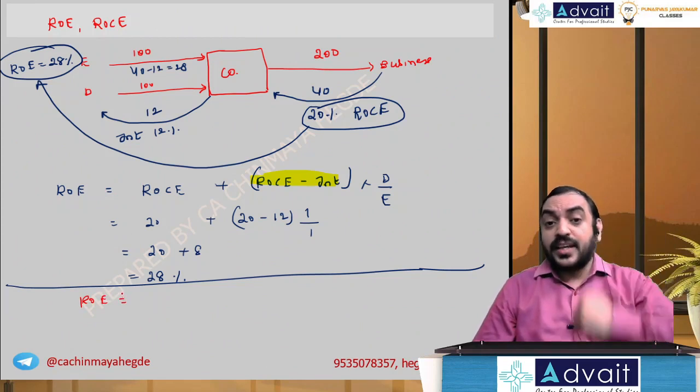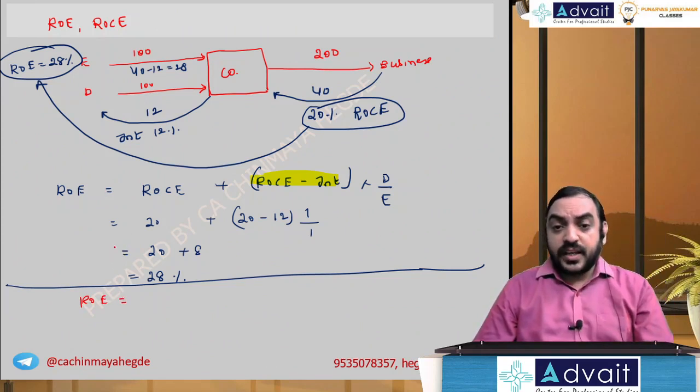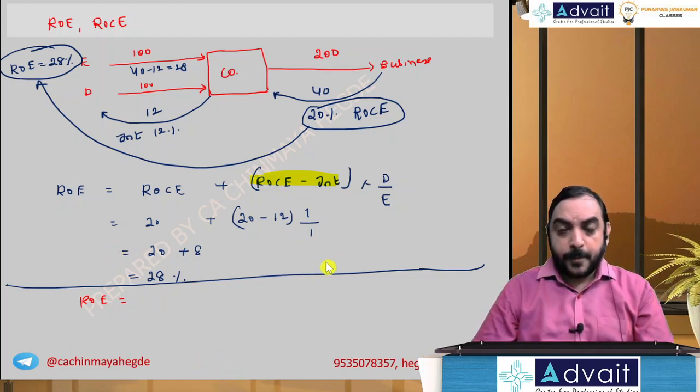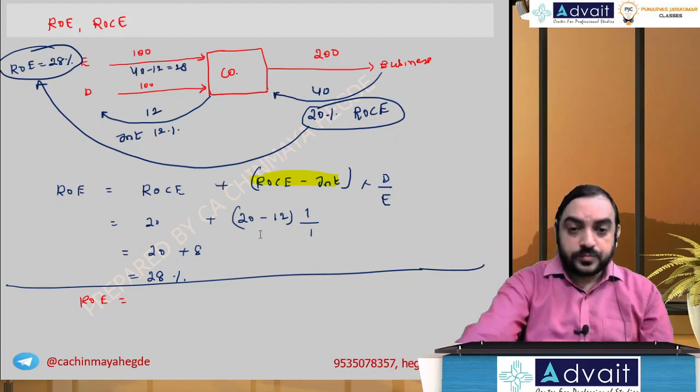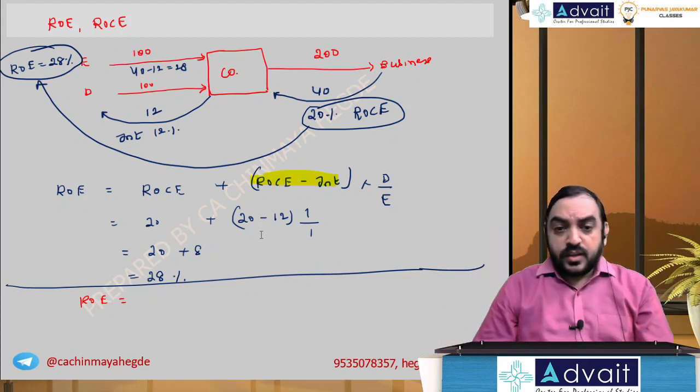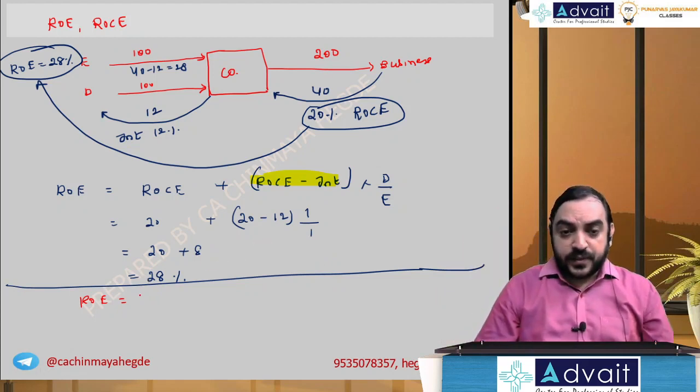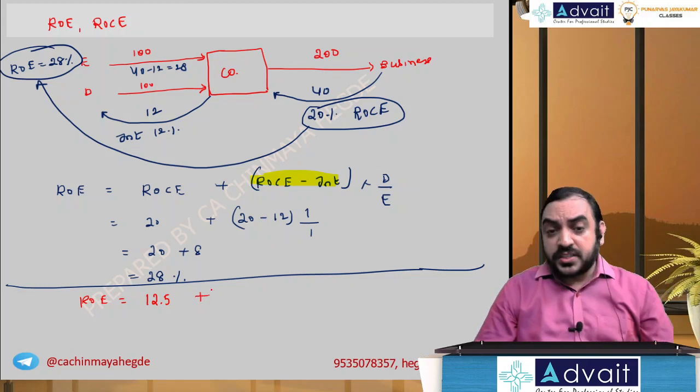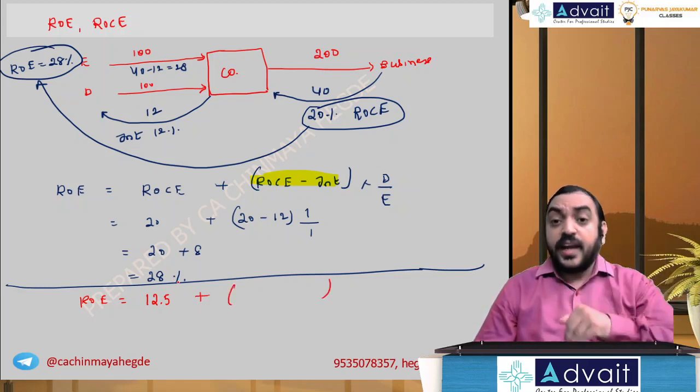How much the market is giving? Market portfolio giving a return of 12.5%. Yes, this is going to be your return. Plus some surplus will come. What surplus will come? Difference between the ROCE and rate of interest.